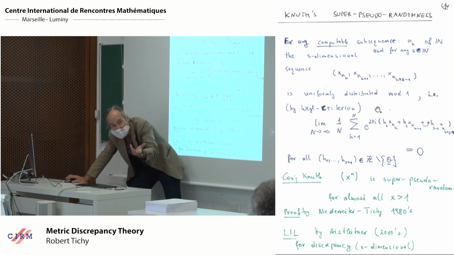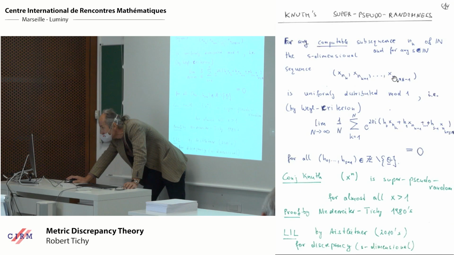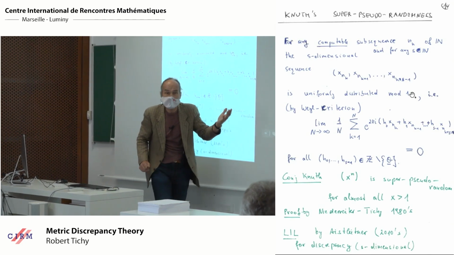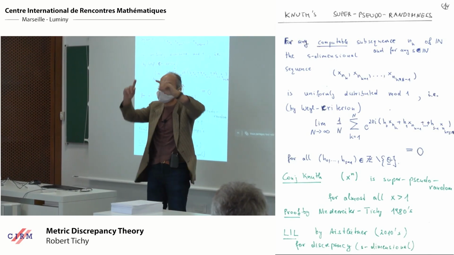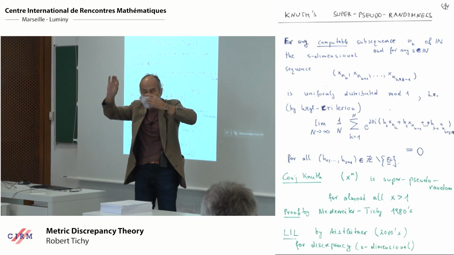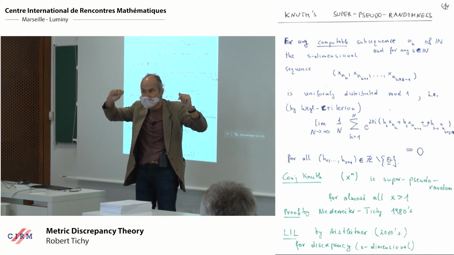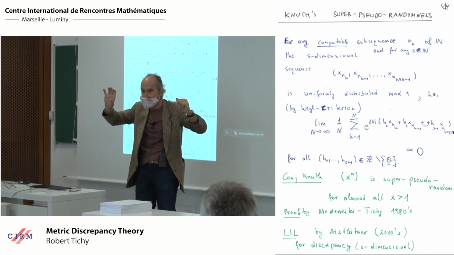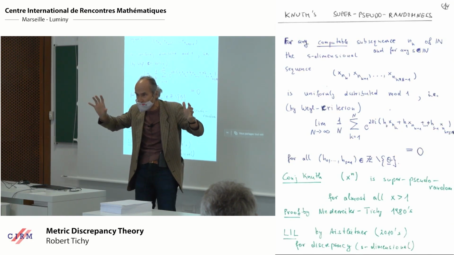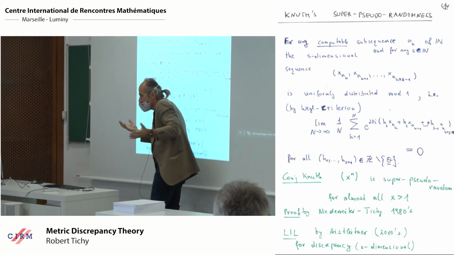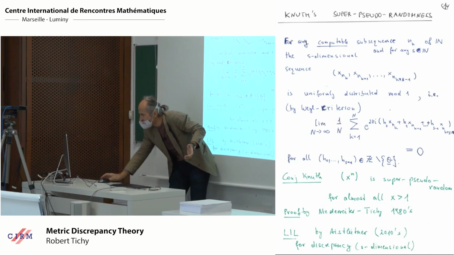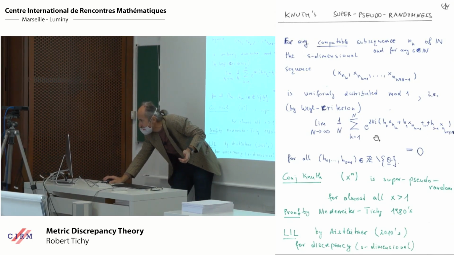Here my alphabet is the unit interval, and these blocks should be uniformly distributed mod 1 as S-dimensional blocks. So I study points in the S-dimensional unit cube, and I'm looking whether they are uniformly distributed or not. If you want a rigorous definition, you can formulate it by Weyl's criterion.